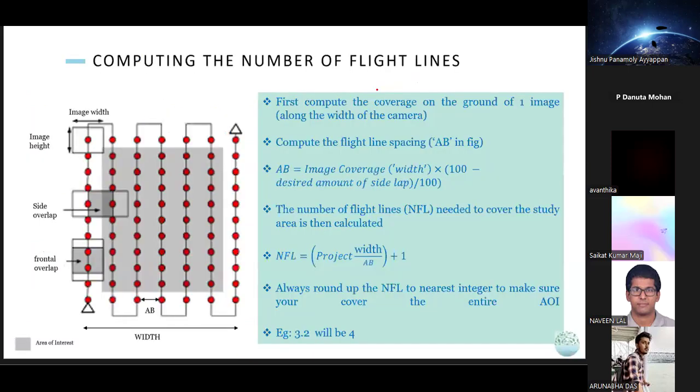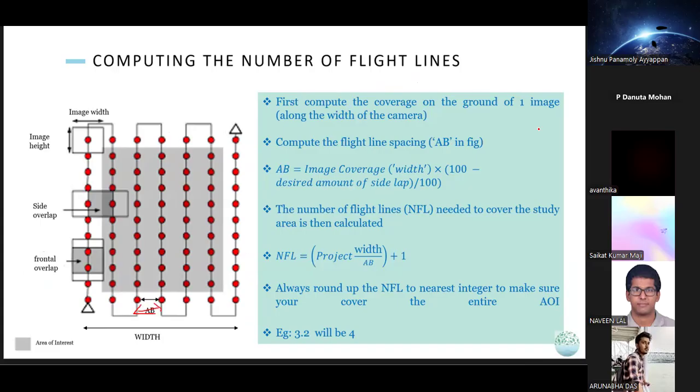Next, coming to computing the number of flight lines. First, compute the coverage of the ground of one image. That is, we can compute the width and height a single image will cover. That is, the distance between adjacent flight lines has to be computed. How can we compute that?